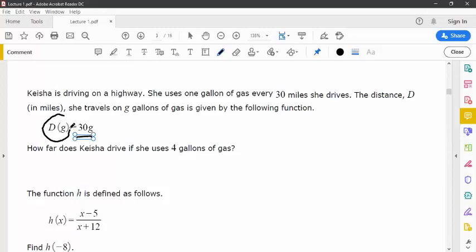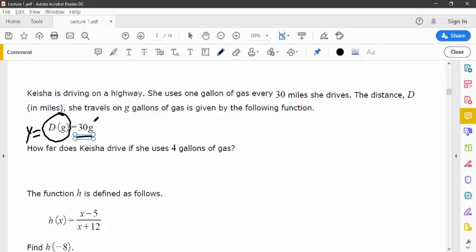We're not doing anything to that part. Anytime we see that, that's function notation. That d of g is the same thing as y equals, but d is the name of the function. Notice we have g as the variable in the function. So all we do in these cases is substitute the given value into that function for that variable.